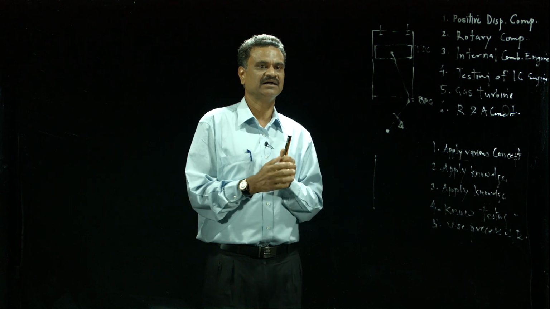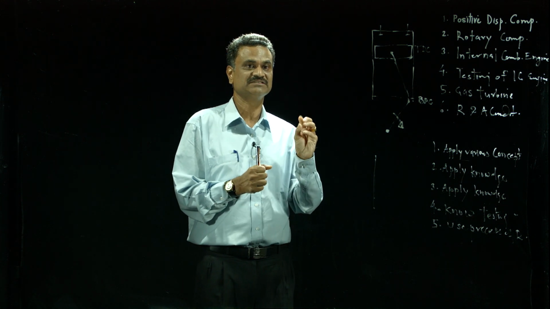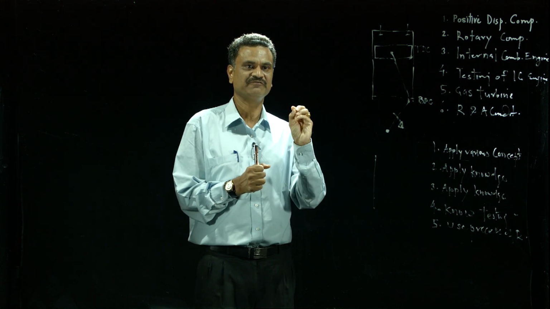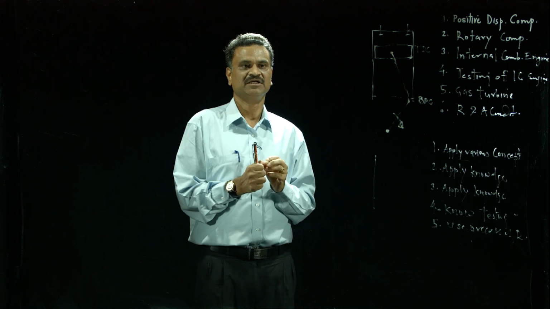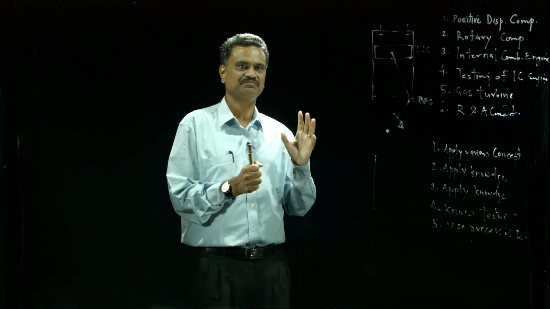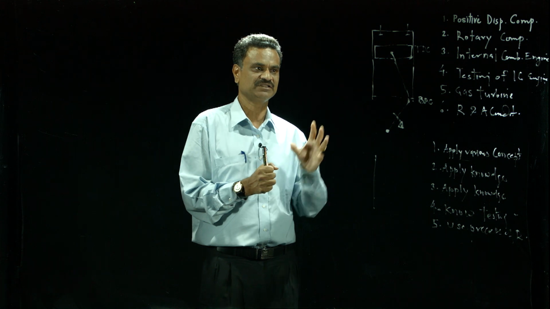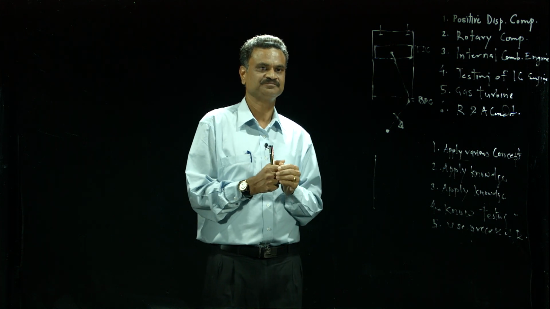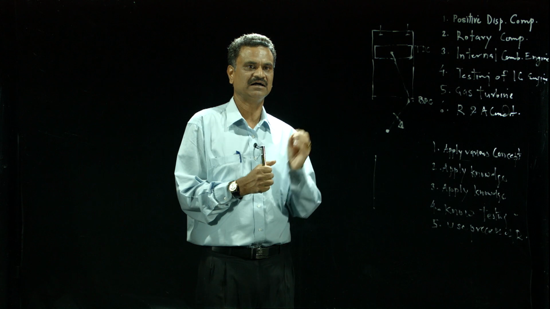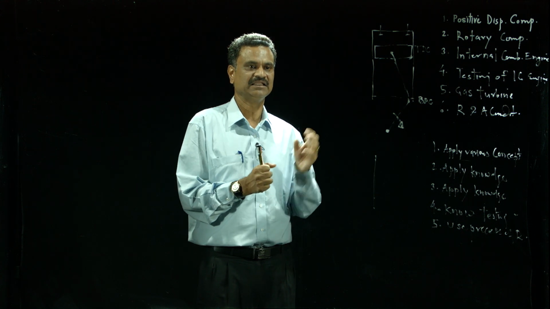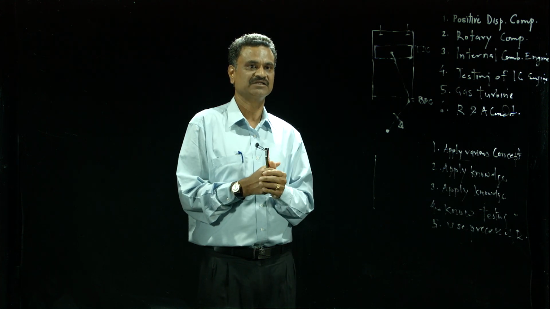Then the main parameter is the refrigerant, which plays a very important role in a refrigeration system. There are various refrigerants used in this system like R12, R11, R13, then SO2, ammonia, CO2.